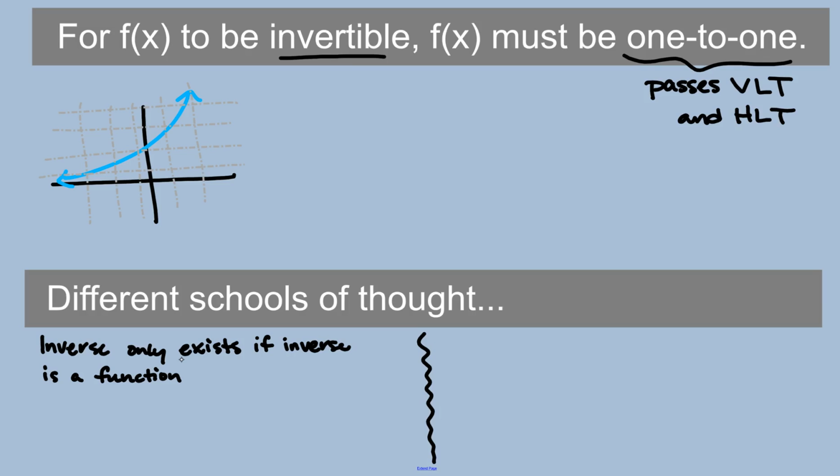So this would mean that f of x must be 1 to 1. That's another way of writing 1 to 1. Instead of writing words, just use the number. This school of thought is f of x must be 1 to 1 for the inverse to exist. So for it to be invertible. Okay, that's the position that the mathematicians who wrote your book will take. On the other hand, some people will say that the inverse does not have to be a function.